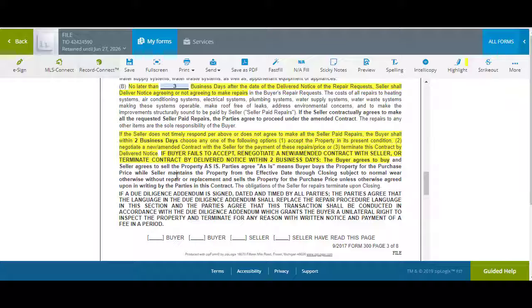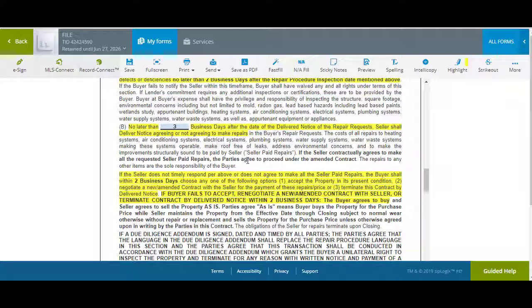There again, that would be in writing. And then it's in bold and caps here: if buyer fails to accept and renegotiate a new amended contract with the seller or terminate contract by delivered notice within 2 business days, the buyer is agreeing to continue with the contract and purchase the property in an as-is condition.